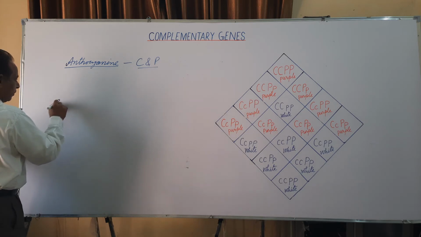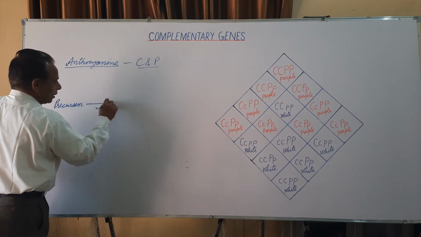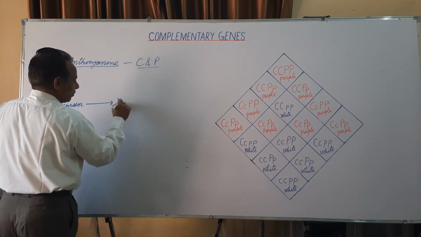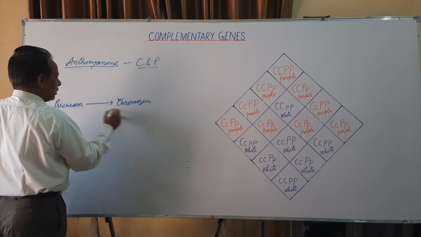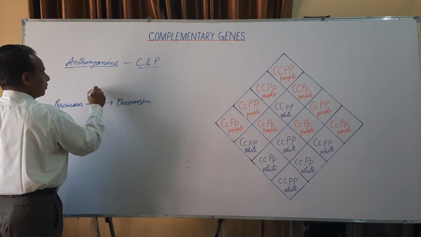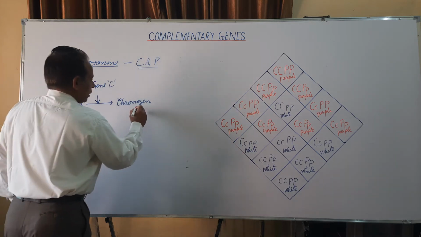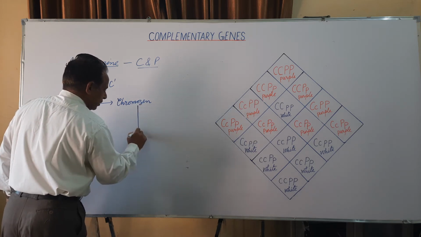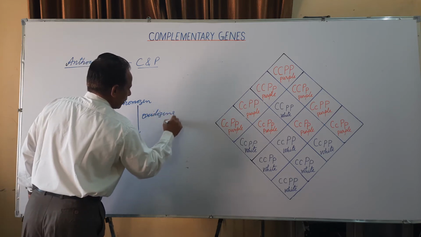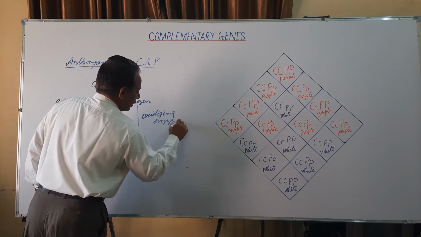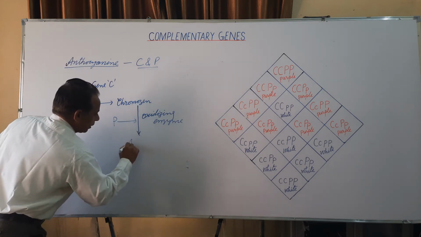The gene C converts the precursor into a color base, chromogen, which is colorless. This chromogen, in the presence of an oxidizing enzyme synthesized by the gene P, converts into anthocyanin.